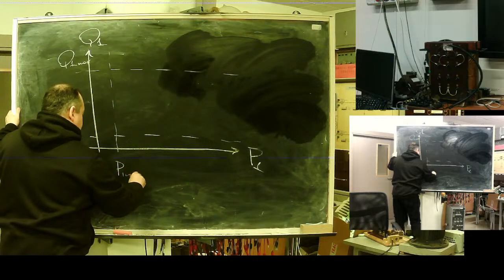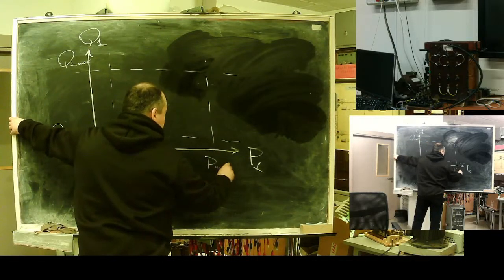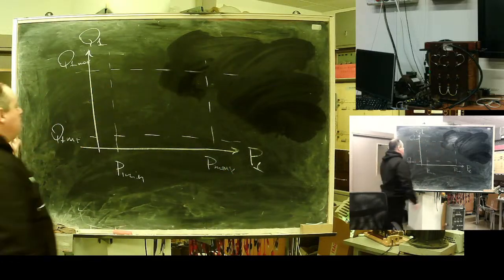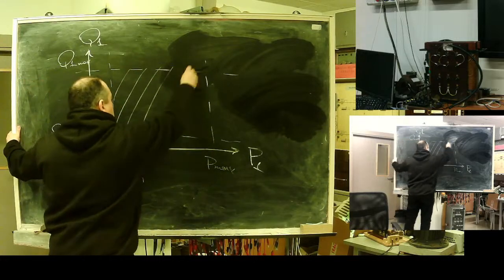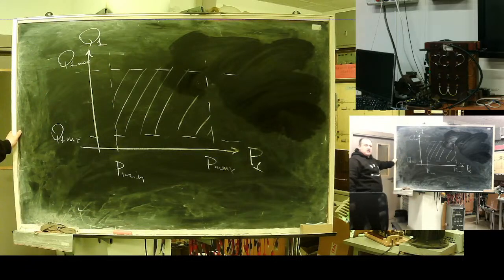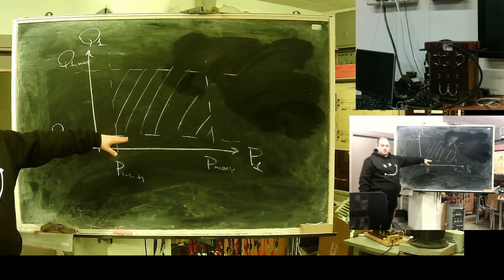Minimum active. What do I receive? This rectangle marks the area of possible solutions. Solutions outside of this rectangle are not possible.